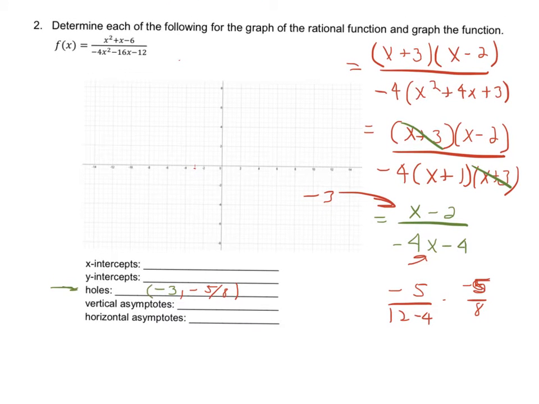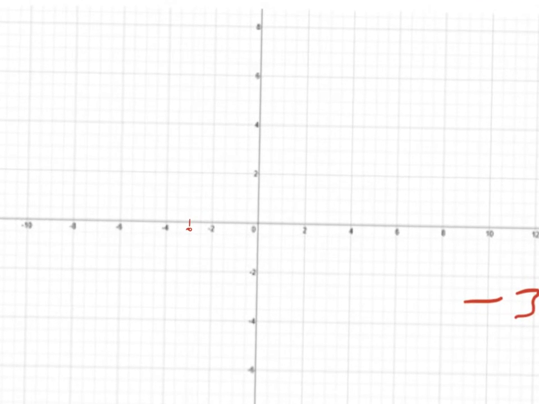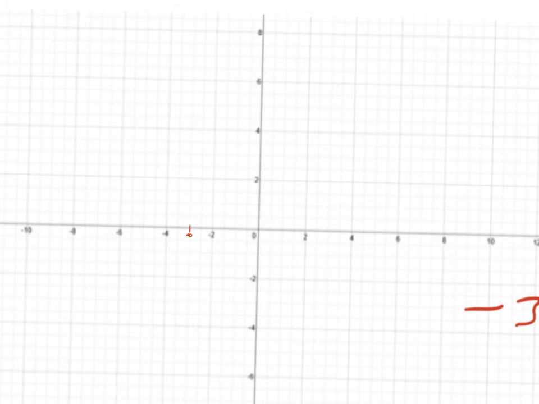Going back up to this version, without the negative 4 distributed, I can see negative 1 causes the denominator to be 0. That's a vertical asymptote, so x equals negative 1. So back to the graph. Negative 1 is about right there, and so a vertical asymptote will be right about there.